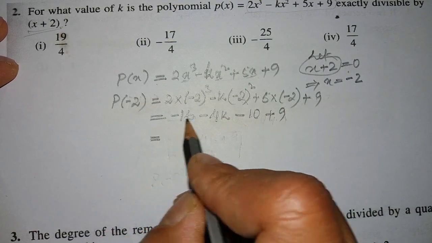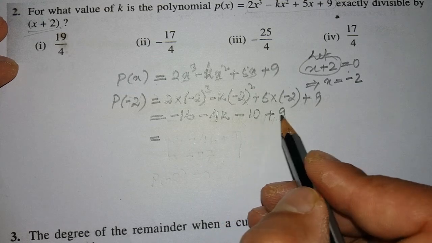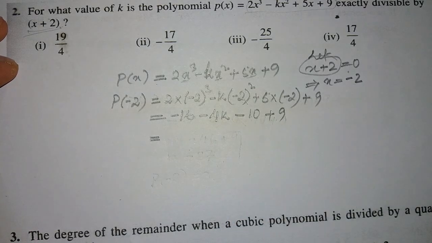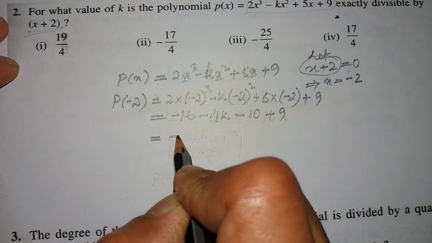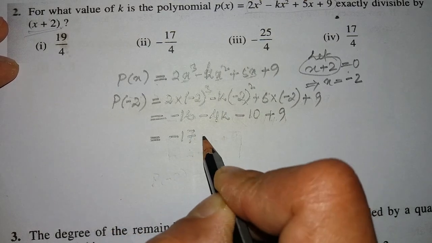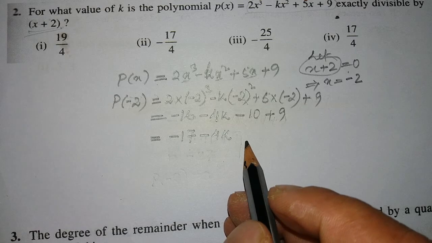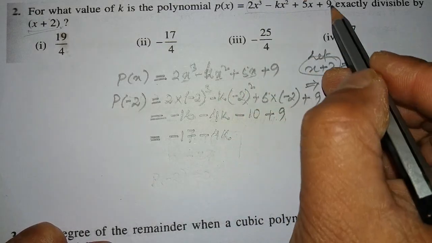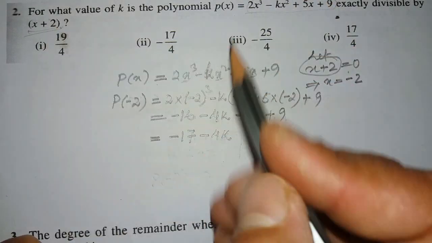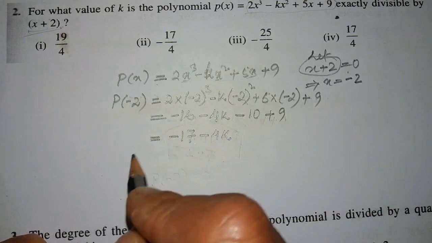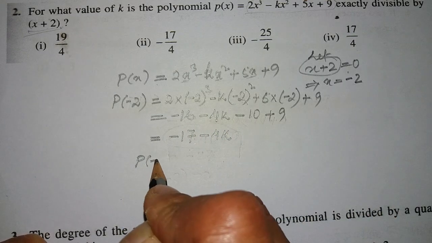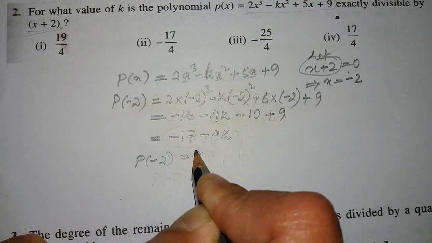Now this gives us minus 16 minus 10 plus 9, which is minus 17, so we have minus 17 minus 4k. Now since this polynomial is exactly divisible by x plus 2, this remainder must be 0. That means p(minus 2) must be equal to 0.